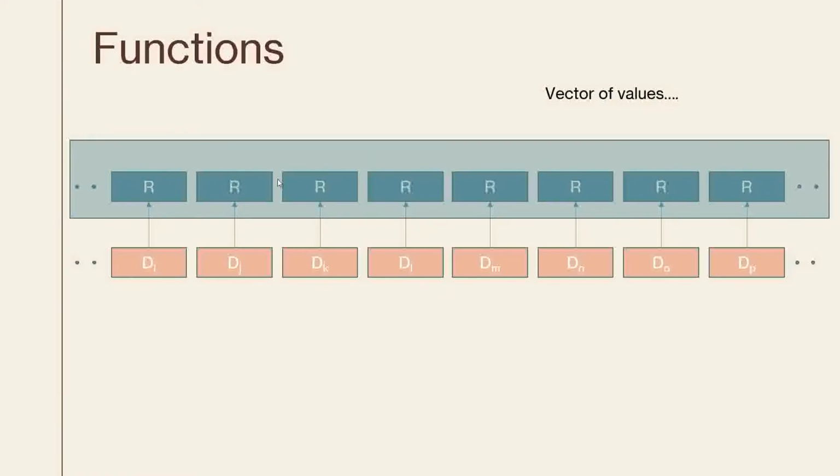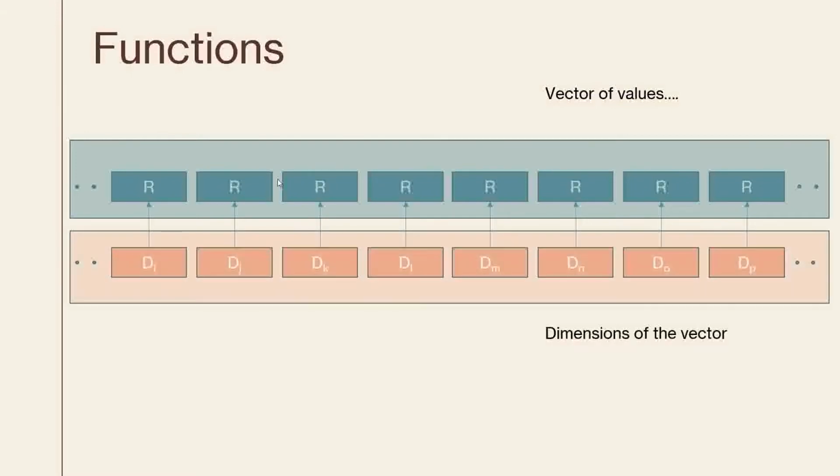There are so many values put together, so we can see them as a vector of values, and that makes these domain points the dimensions of the vector. Now we can look at each one of those domain points as a dimension of the vector, and the values of these dimensions form the vector, right?